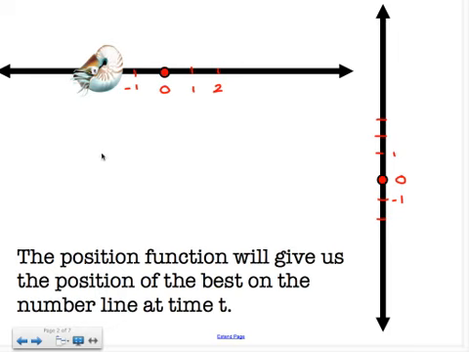Now, the position function can have basically 3 different notations. If you're talking about position in general, we like to use S of t. In physics, you call it displacement. Either one's acceptable, and you'll see both used from time to time.